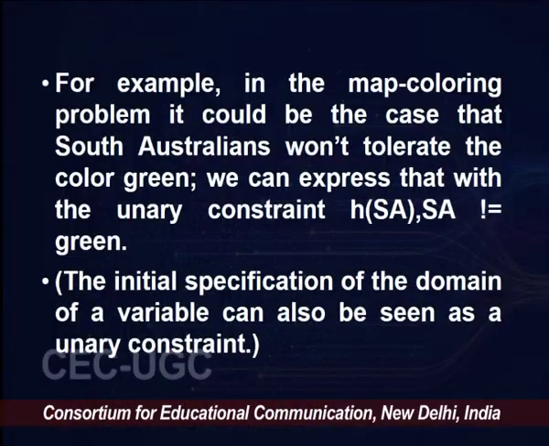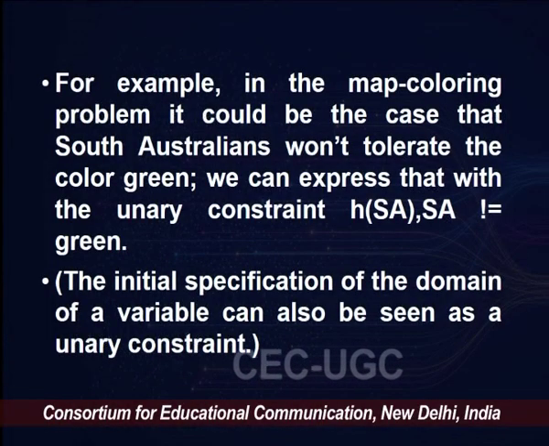We can simply express this with a unary constraint which says SA not equal to green, where SA represents the South Australia region, and the domains are red, green and blue, the colors to be filled in. So this simply means South Australia cannot be colored using the green color.